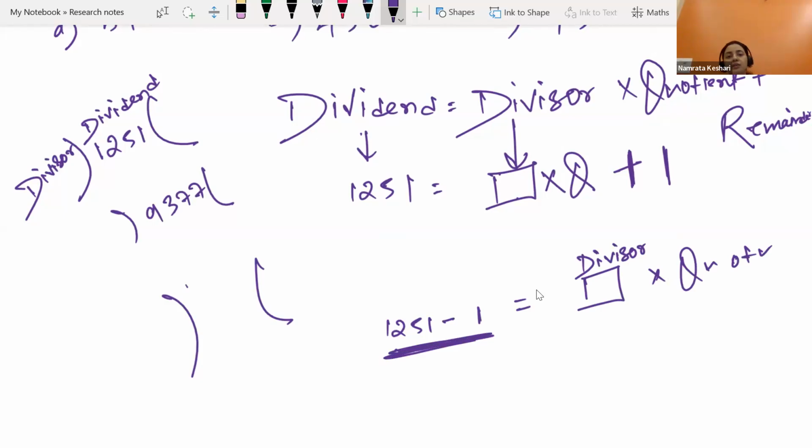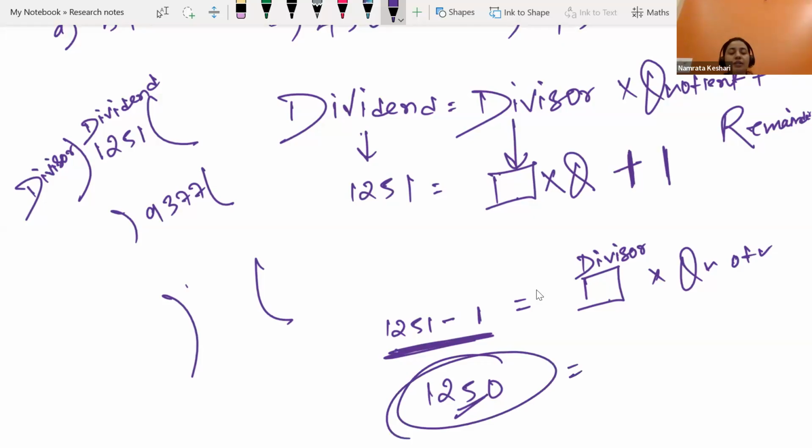Whatever remainder there has to be, at first we subtract it, and now 1250 is the number, and we think about a number which can completely divide it. We don't know how to proceed with the remainder, so let's keep it aside. At first let's make it 1250. Now we think about what number can completely divide 1250, with no remainder, or the remainder is 0.